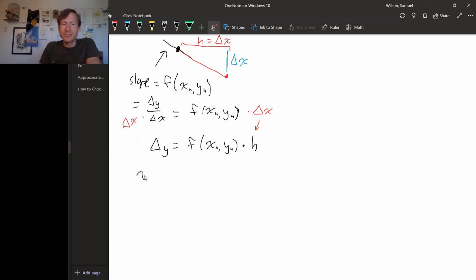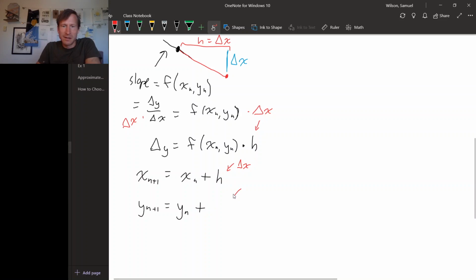So our new x coordinate: we started with x sub n, so the next one is x sub n plus 1. To get our new x coordinate, we take the old x coordinate and add delta x to it, which is h. Remember, h is just delta x. And to get our new y coordinate, we take our old y coordinate, which is y sub n, and we add delta y to it.